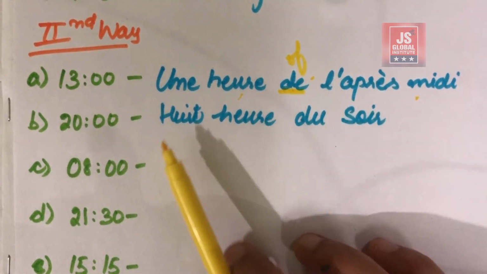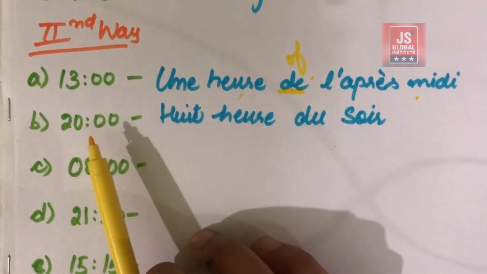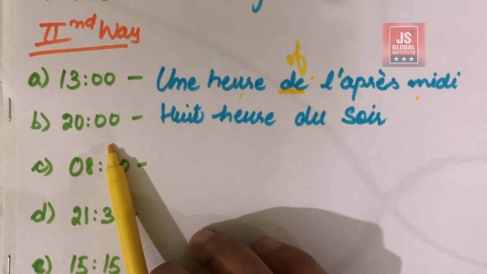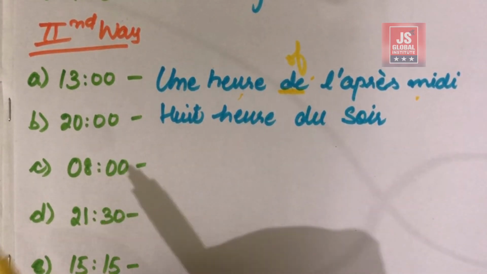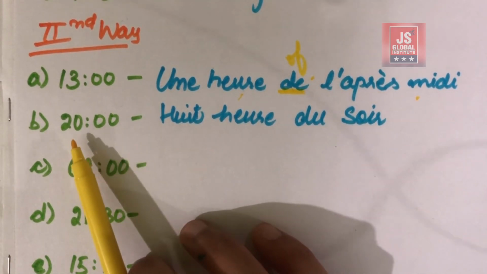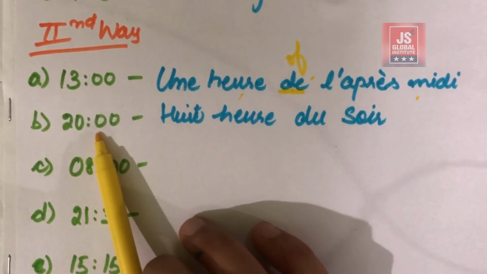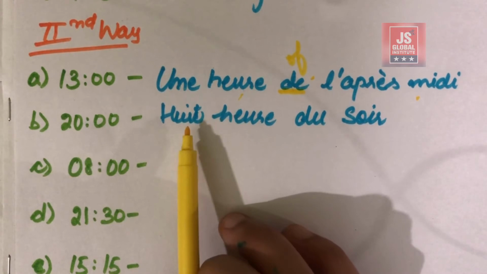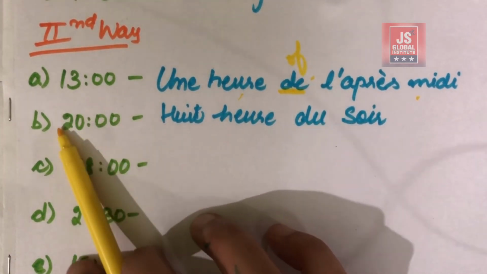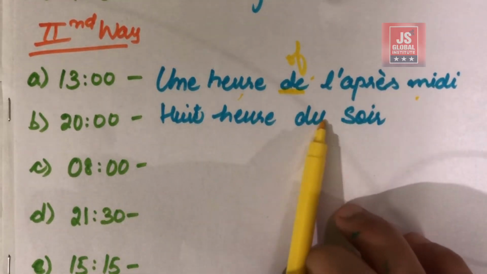Okay, so the next one is 20h. Alright, so if we want to represent it in the form of evening, the evening time actually starts from 6 p.m. Okay, so after 12, 12 plus 8 is actually 20, so this becomes 8. So what is 8 called in French? Huit, and this 20 lies in the slot of evening, so it becomes du soir.